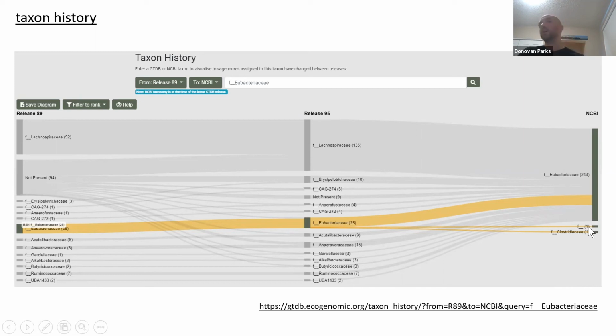So this is somewhere where we've filled in a classification, and one genome here where, at least according to GTDB, we would consider this genome to be misclassified. But what you can also see here is that Eubacteriaceae has been split into multiple different families within the GTDB, and this is in order to achieve this goal of rank normalization. And you can also see that between release 89 and 95, the classification of genomes has been very stable in the GTDB.